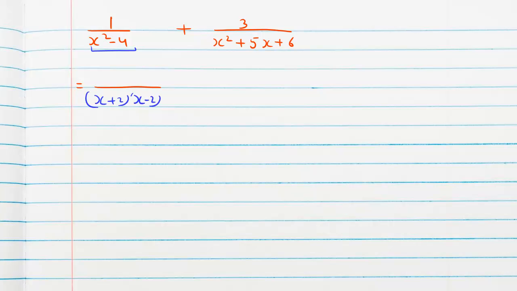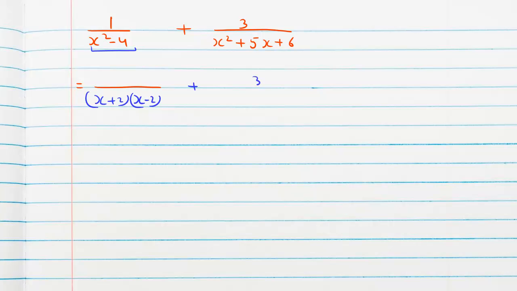Now let's take a look at one of the real complex problems that you might see in your tests. We have 1 over x square minus 4 plus 3 over x square plus 5x plus 6. So first we will factor the denominators, because remember we learned before x square minus 4 is nothing but x plus 2 times x minus 2.